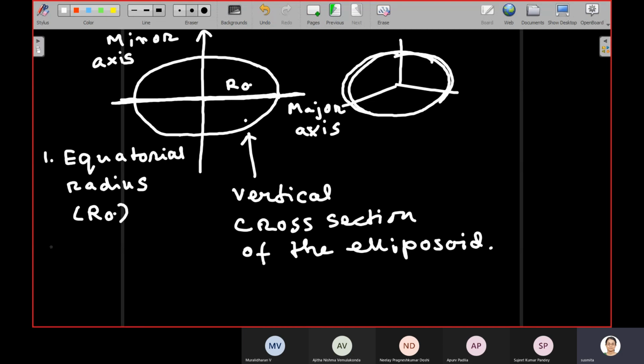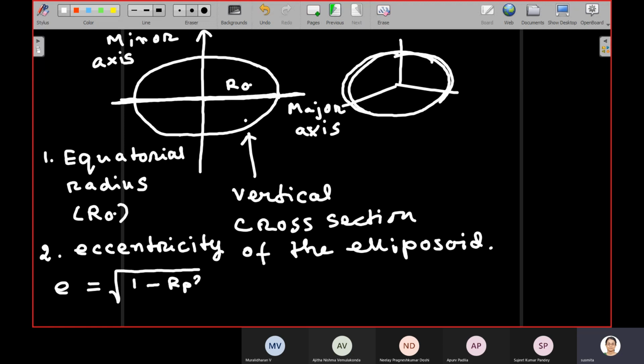And the second one is eccentricity, e. RP is the polar radius. Sorry, RP. So this is eccentricity.